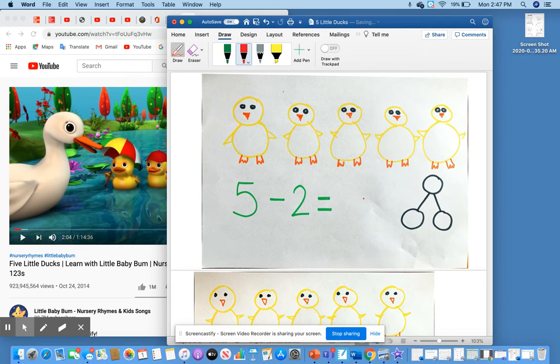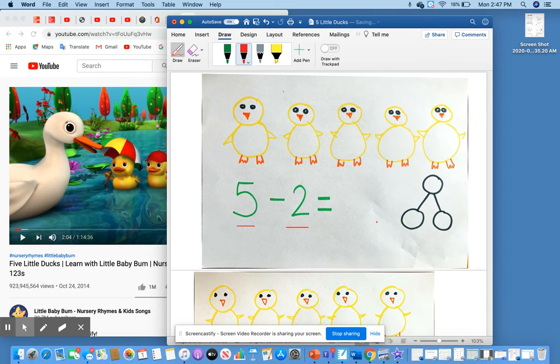So the 5 is our first number in our number sentence. There are 5 ducks. And how many ducks are we going to take away? We're going to take away 2. So 5 is what we start with, and 2 is how many we take away. This is called our equal sign or equal symbol. And after that, we write the number of how many are left.